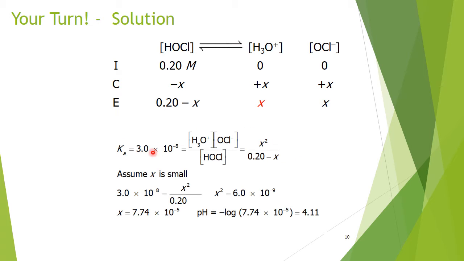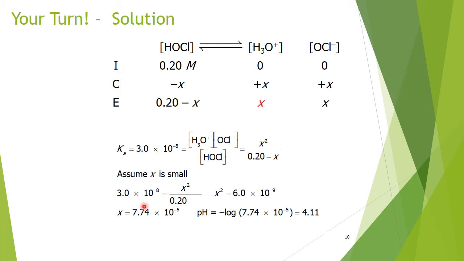Okay. So you know K, and you know the equilibrium expression. So you plug in X squared over your reactant, so you have this value equals this. And again, we can ignore this value here because this number is at least 100 times smaller than this value.